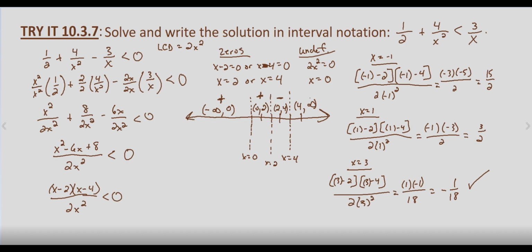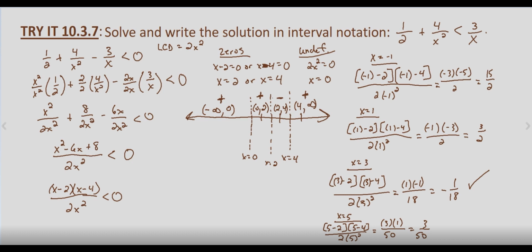And then on 4 to infinity, I'll go ahead and use x equals 5. So we have 5 minus 2 times 5 minus 4 over 2 times 5 squared, which equals 3 times 1 over 50, which equals 3/50ths, which also is positive and does not satisfy the inequality we found.